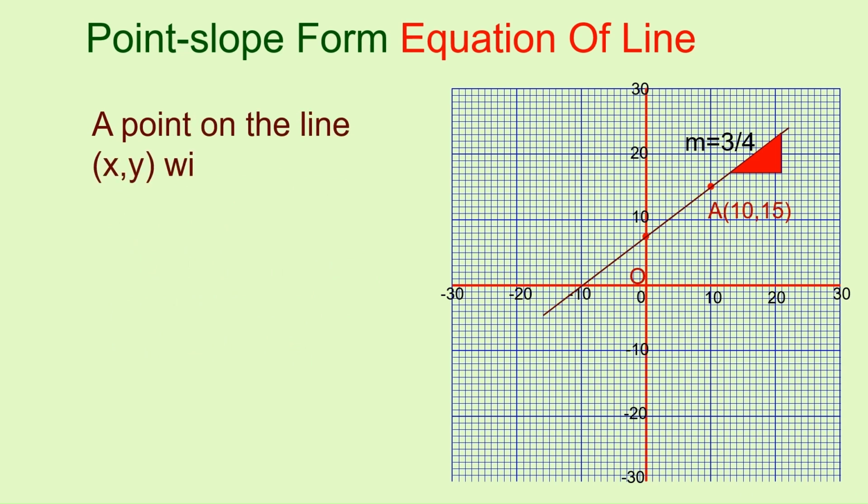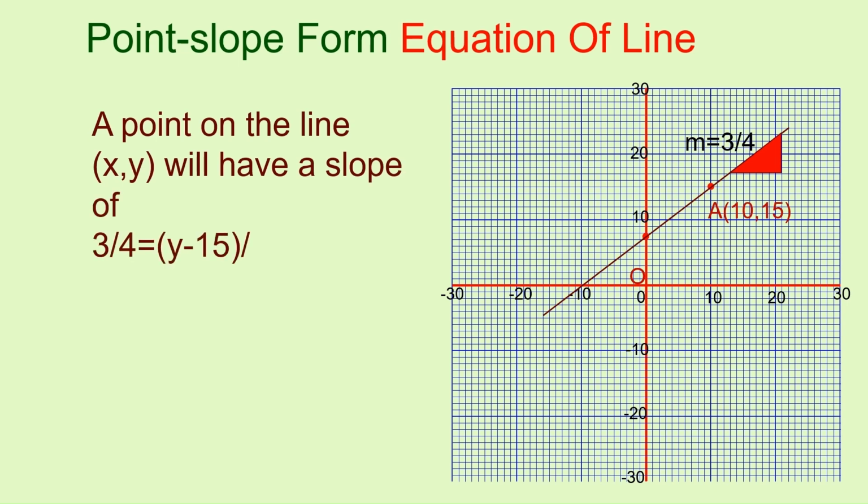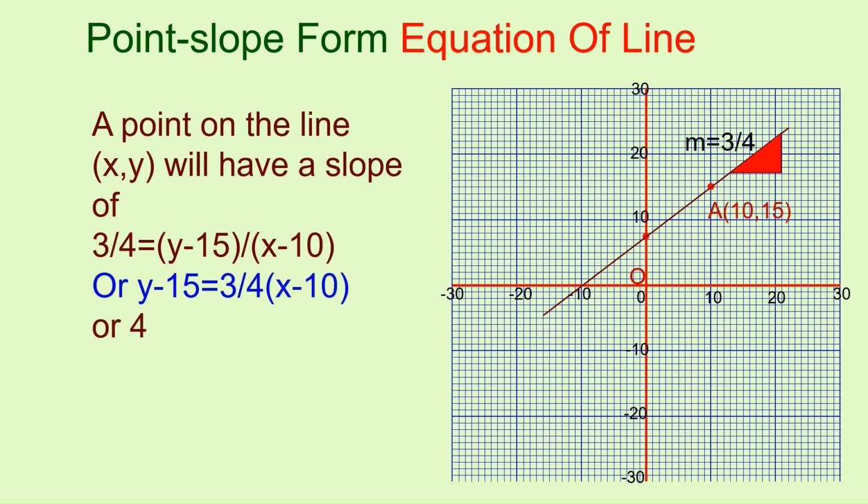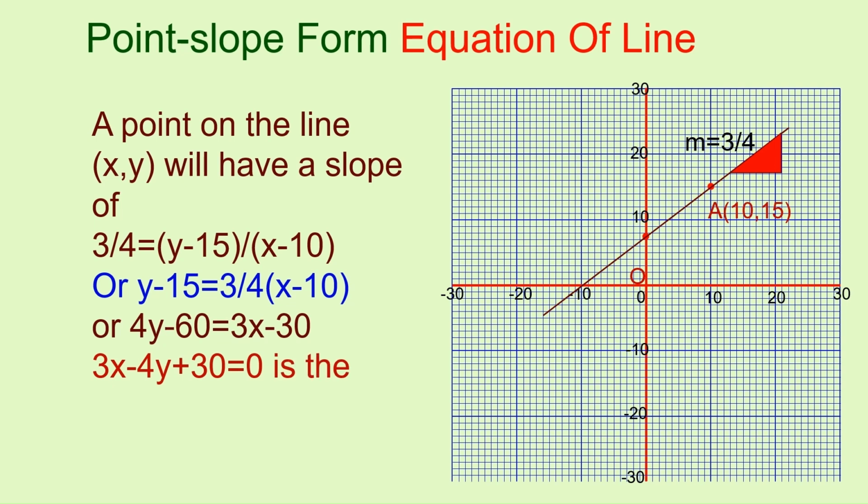A point on the line (x, y) will have a slope of 3 divided by 4 equals (y minus 15) divided by (x minus 10), or y minus 15 is equal to 3/4 times (x minus 10). So the equation is 3x minus 4y plus 30 equals 0.